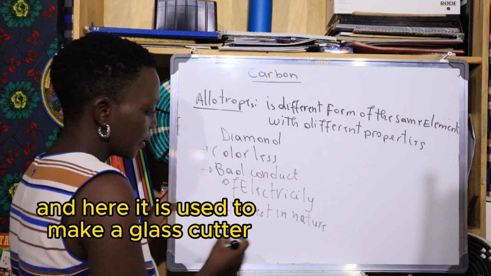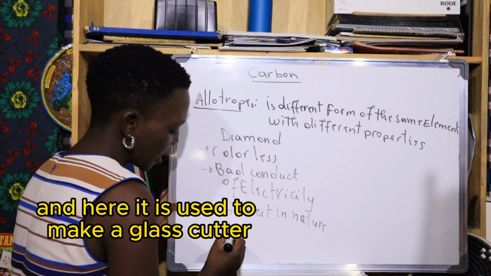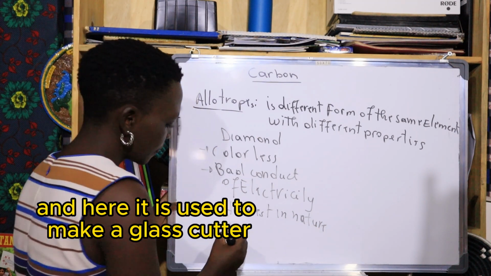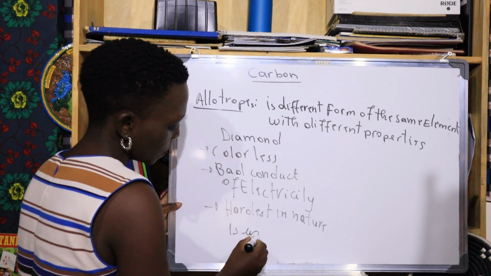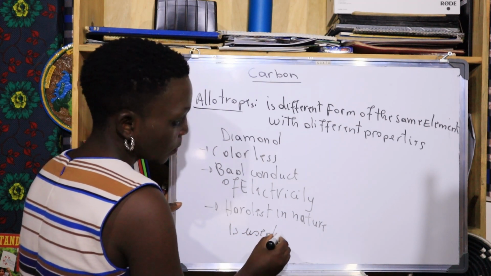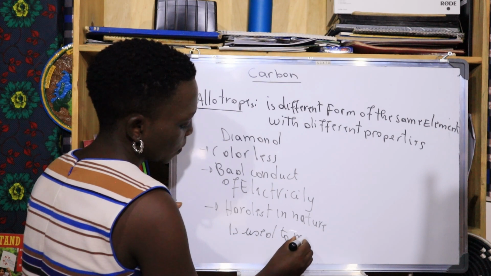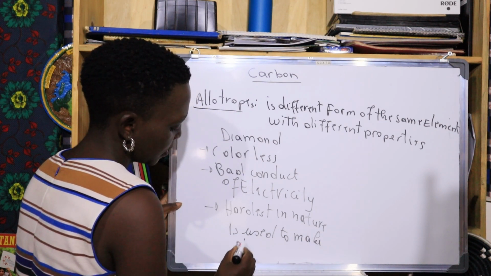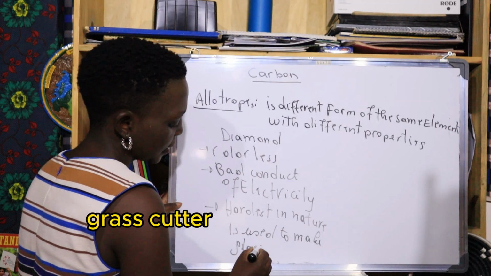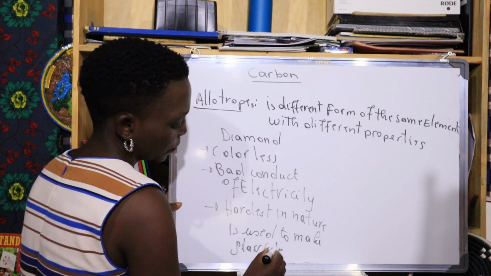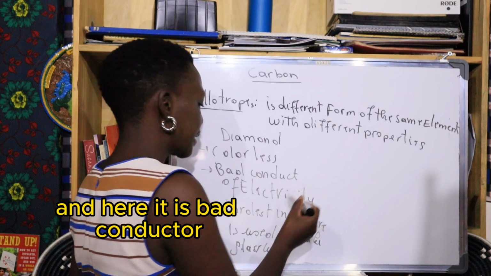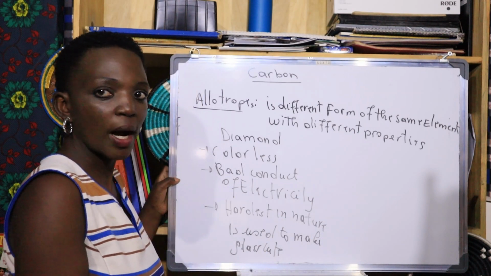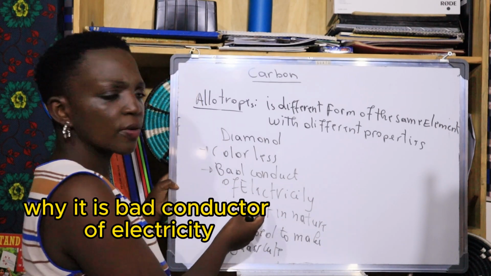Here it is used to make a glass cutter. And it is a bad conductor of electricity because of its structure.